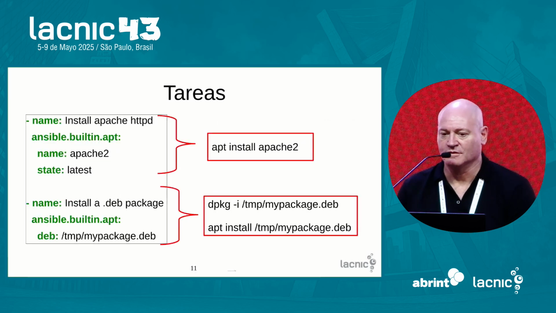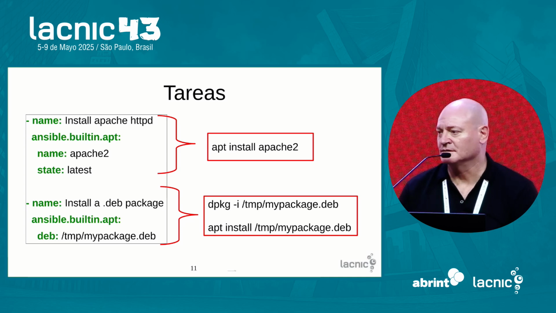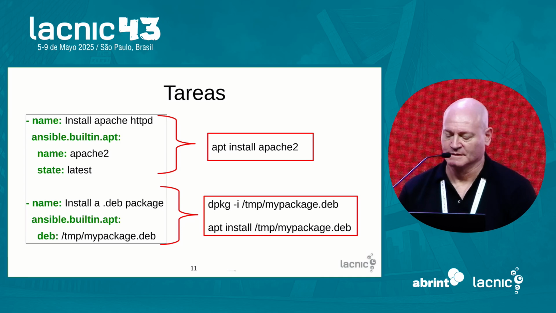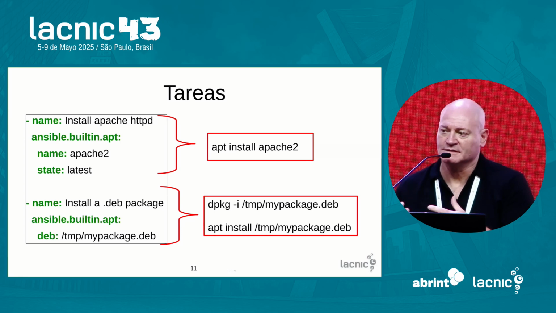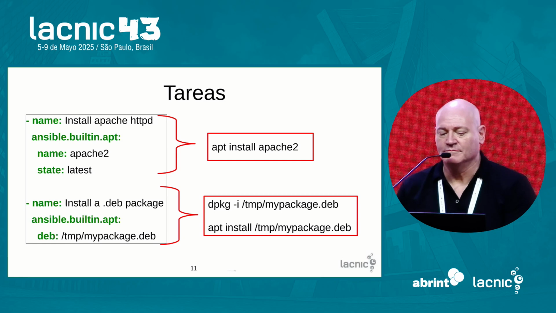Here we have an example of two tasks. These are very simple, and we compare them to what it would be like to install a package on a Linux server. Here we have APT, that is Debian, Ubuntu; others use other Linux distributions. If you look at this, we have a name that defines what you're naming that task, and as the task gets executed, the screen will show you that that task is being executed.